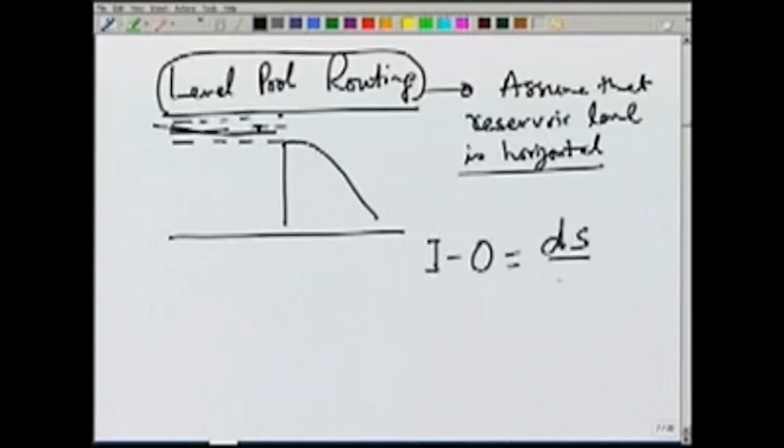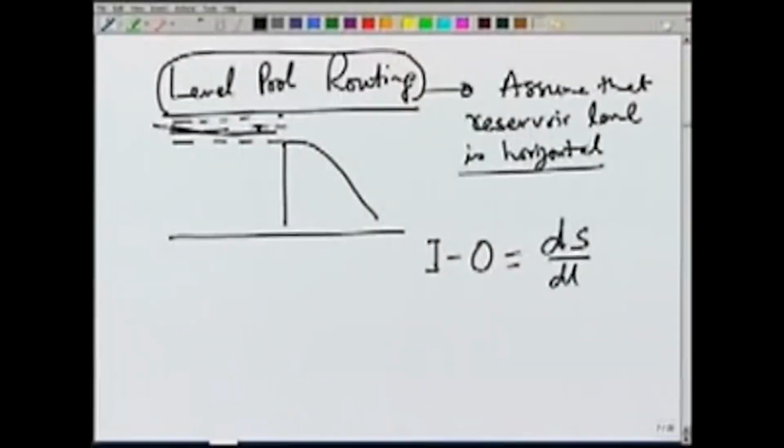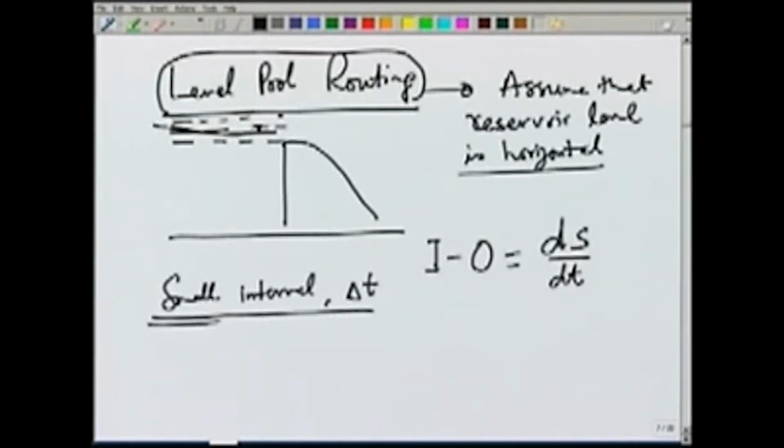mass balance equation, as I minus O equal to ds by dt, and then we consider a small time interval delta t. So, small interval denoted by delta t, and let us see what happens during this small interval, finite time interval of delta t.